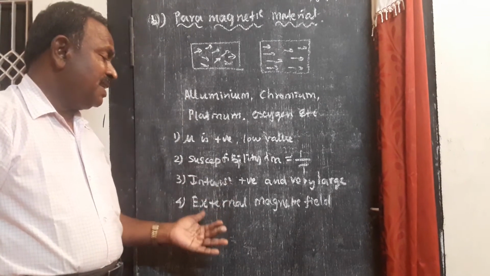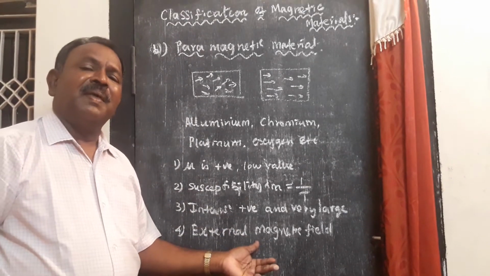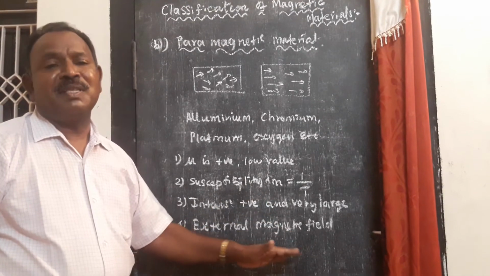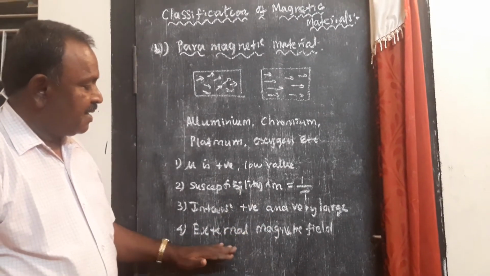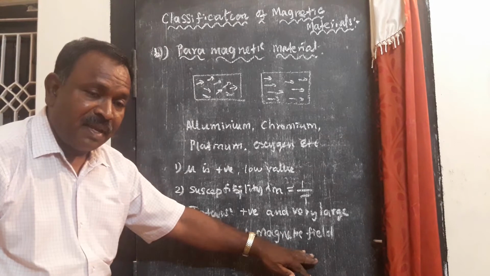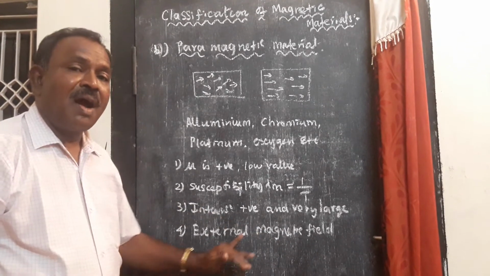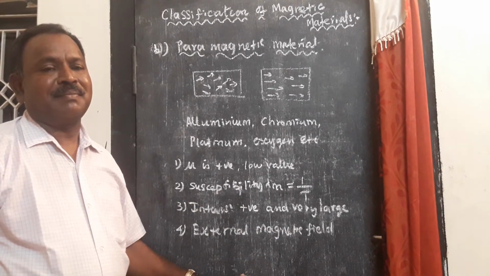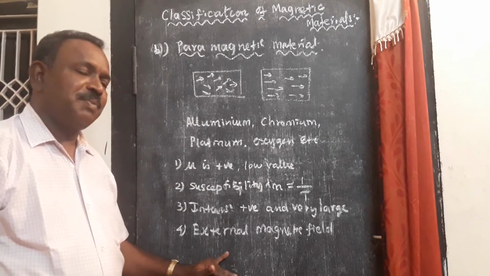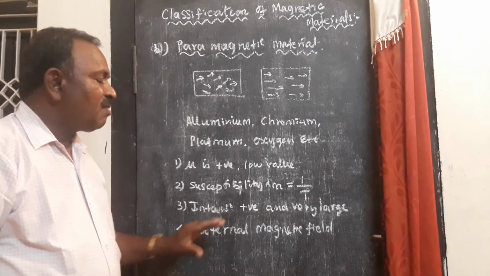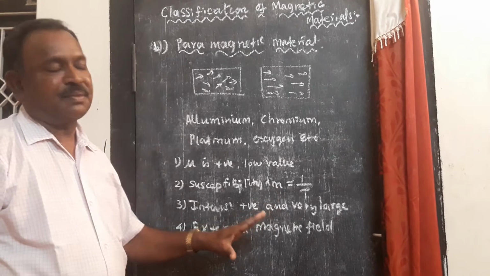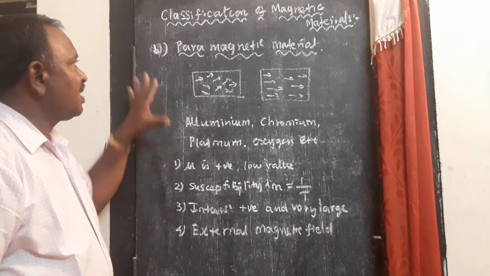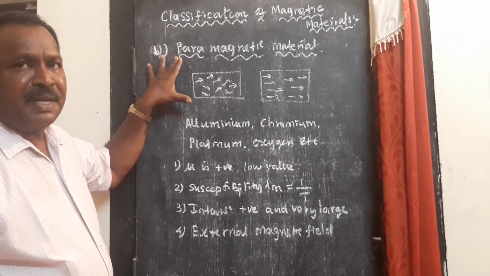Earlier we have seen that the field lines are repelled by the specimen, but here they are attracted. So inside the specimen, more field lines begin to flow through it. So these are the properties of the paramagnetic material.